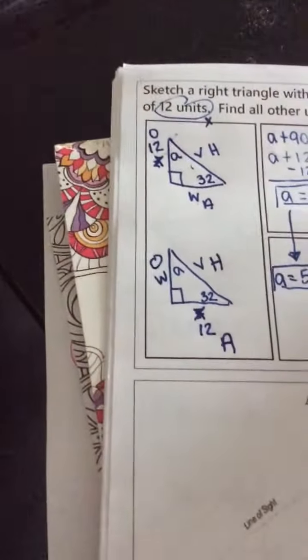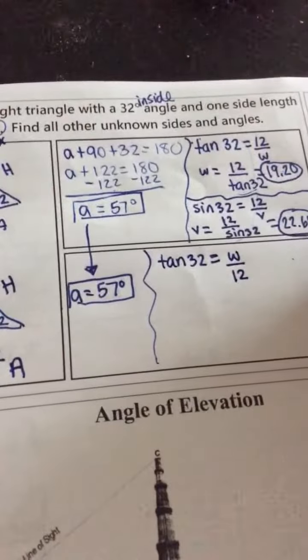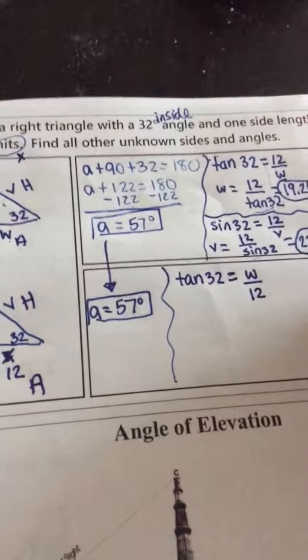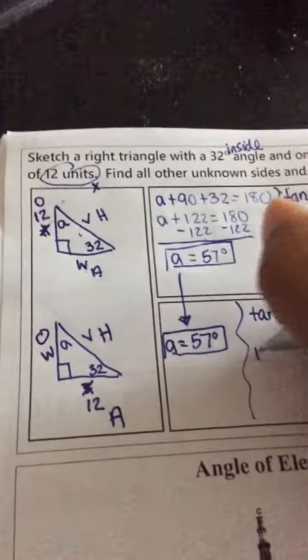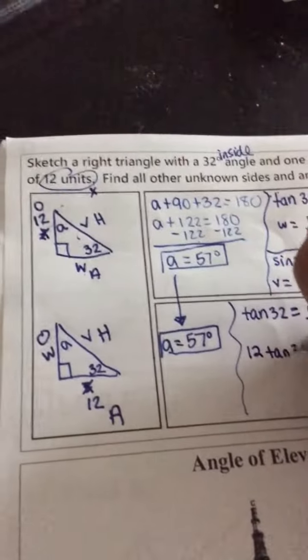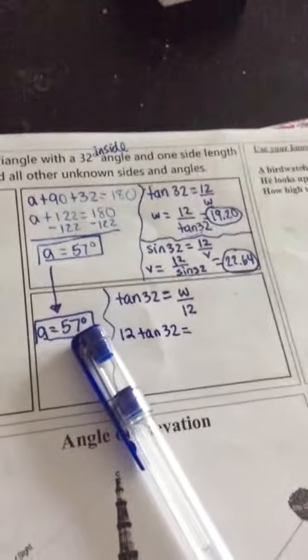But the difference is, instead of W being in the denominator, because the opposite is W, W is going to be on top. So this is your setup. Tangent of 32 equals W over 12. So remember, that means cross multiply.